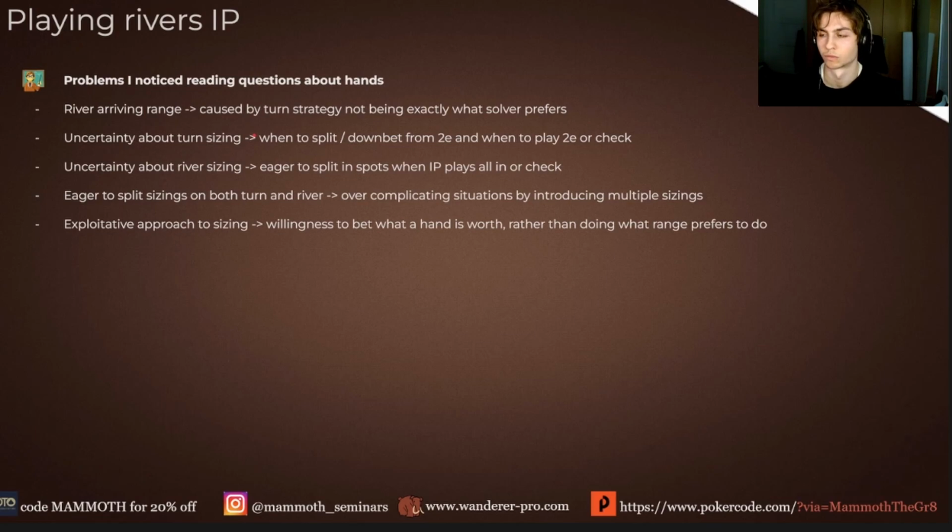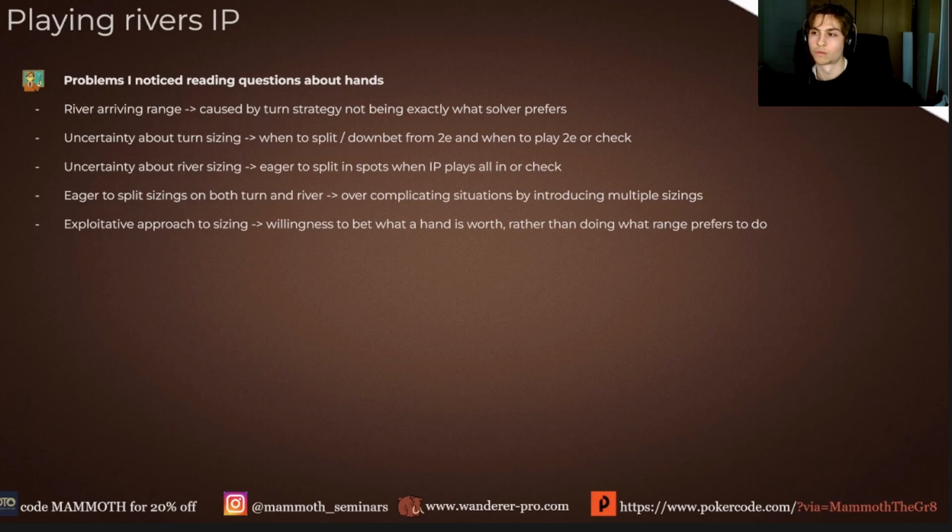Let's say you arrive to the river with a hand that shouldn't be there, and then you do a certain action with it, like maybe value bet too thinly or bluff a combo that shouldn't arrive there. There are so many things you can do wrong earlier in the tree that will cause problems on the river, and the cost of that on the river is pretty high, because you build the pot on the flop and turn, and you're going to be putting more chips in on the river.